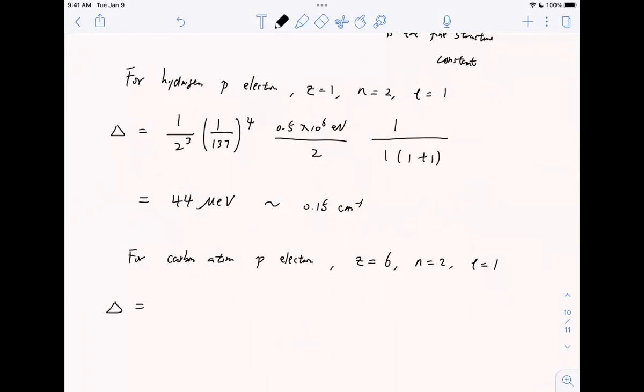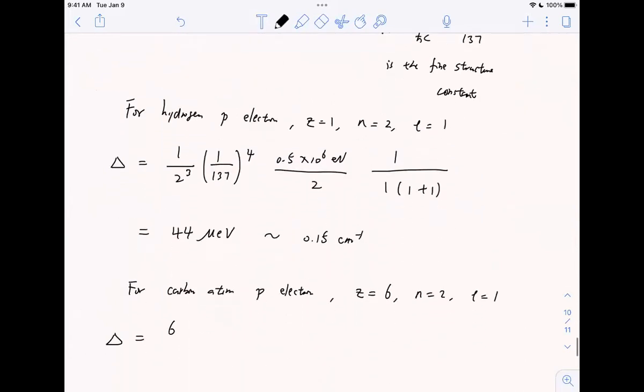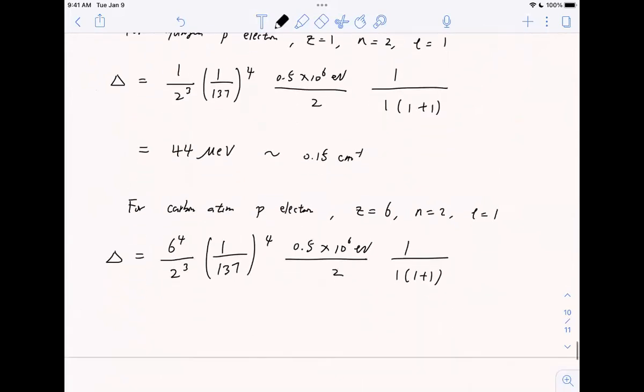Then this will be 6 to the power 4, and then here is 2. Everything is straightforward, the same. And then you still have 1 plus 1. So eventually you get 57 milli eV.